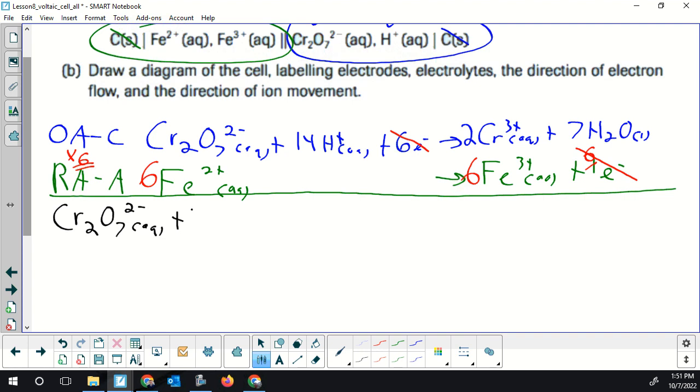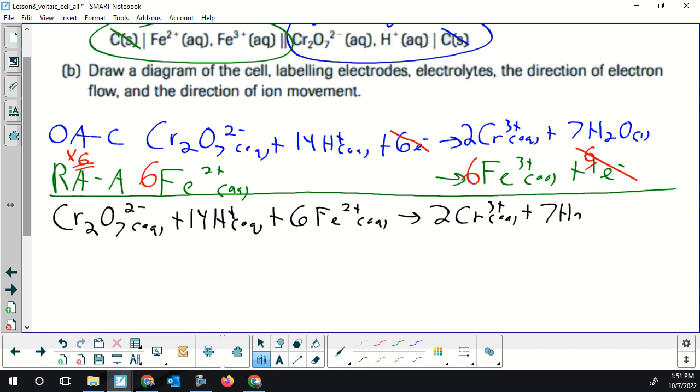So dichromate plus 14H+ aqueous plus 6 Fe2+ gives two chromium 3+, 7 water, and 6 iron 3+ ions.